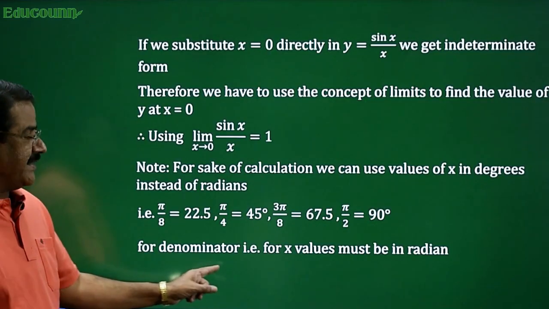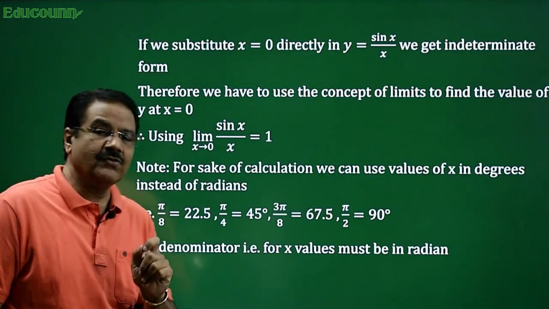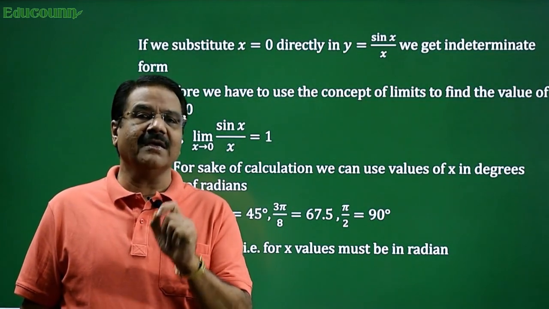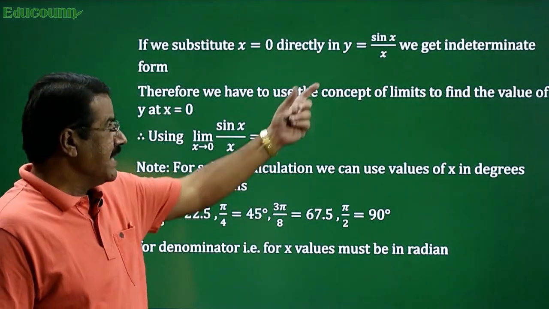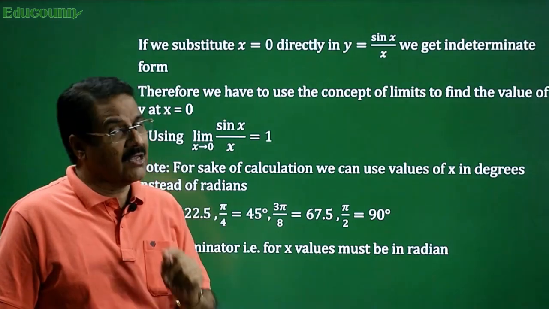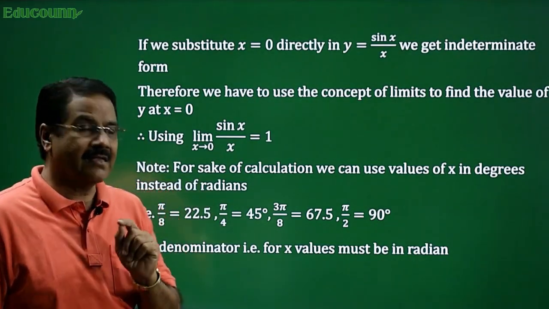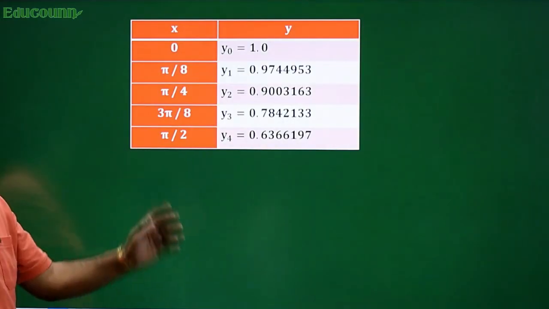Now for the denominator, an important point: whenever we have converted values of x into degrees, that degree value can be written only inside the trigonometric term. When x is without a trigonometric term, like in the denominator, you have to put values of x in radians only. Okay, and now we can find the different values in this manner.